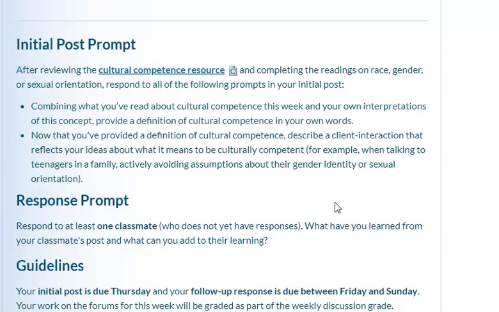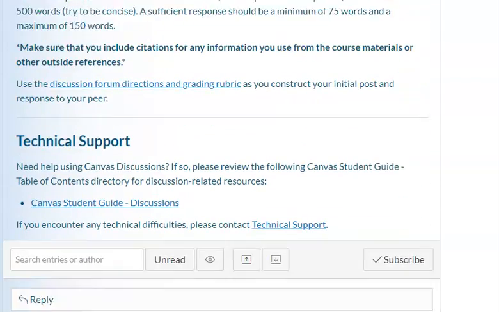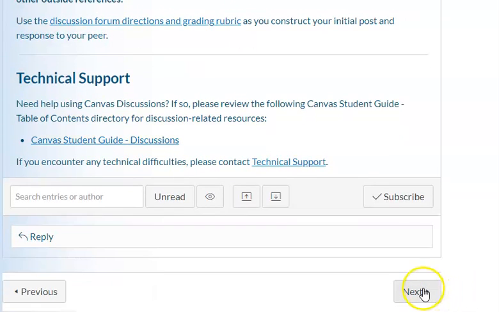Now that you've provided that definition, describe a client interaction that reflects your ideas about what it means to be culturally competent. And you will respond to one of your classmates. This is due by Thursday, and the response is due between Friday and Sunday.